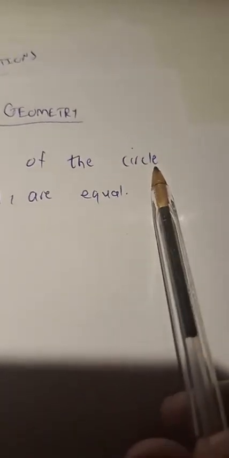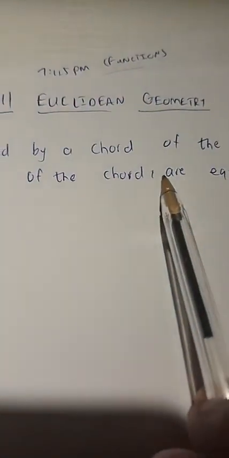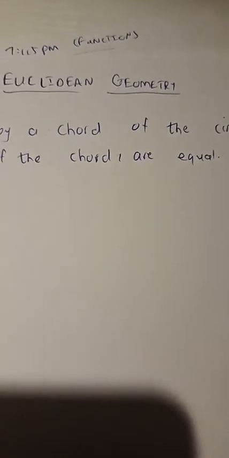The angle subtended by a chord of the circle on the same side of the chord are equal.